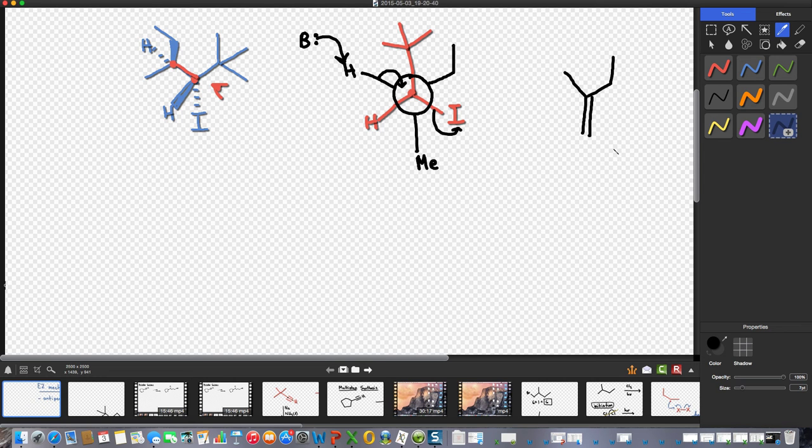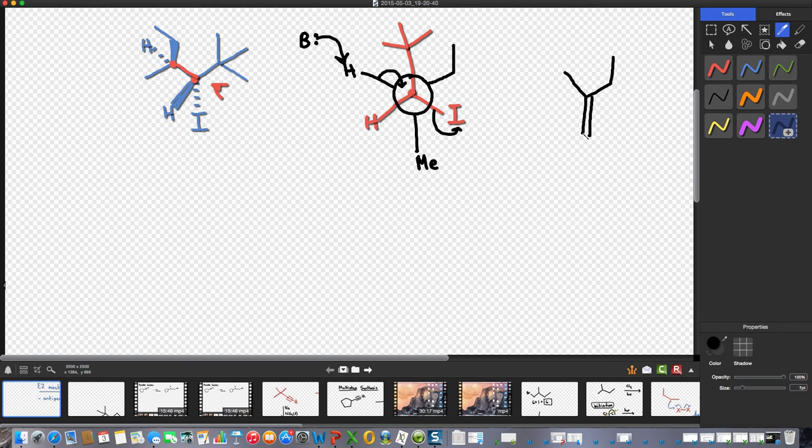Now on the front carbon, I have a t-butyl group and I have a hydrogen. So notice that the t-butyl group and the ethyl group are gauche. When they are gauche in the Newman projection, they will be on the same side in the double bond that I make.